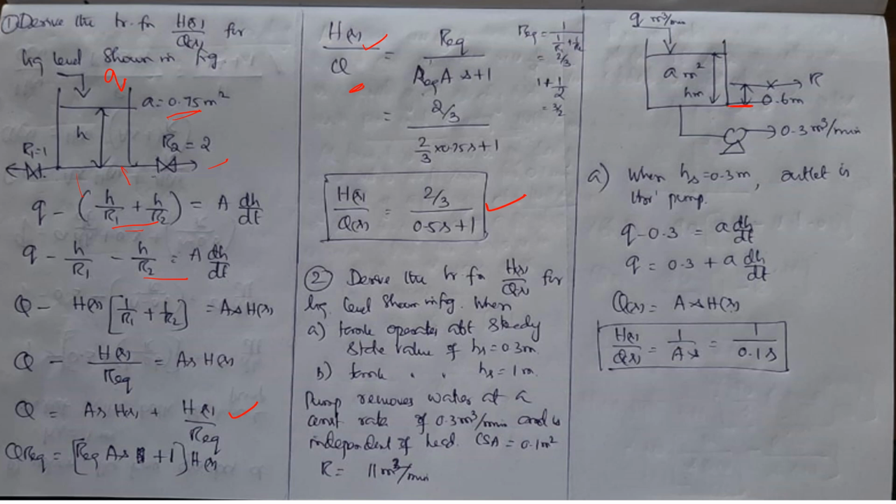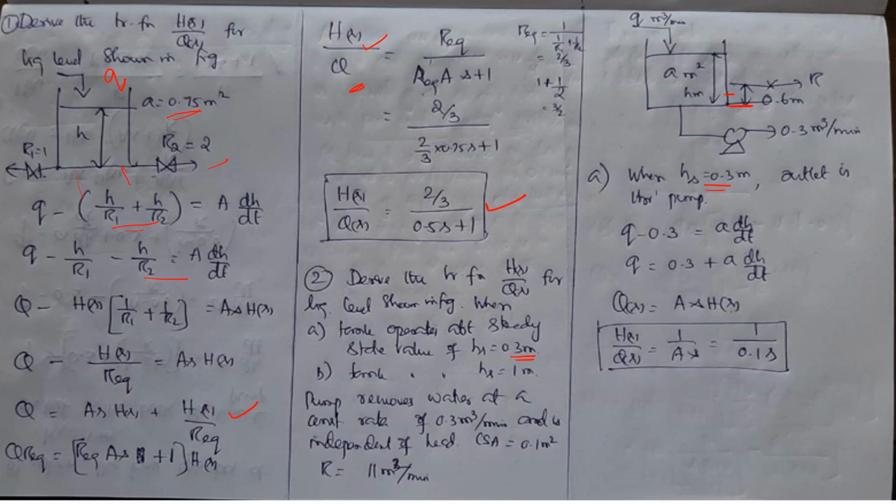So you have to calculate this also. We'll see how it affects the system. In the first condition, the tank operates at a steady state value at H equal to 0.3. So for this case, when H is equal to 0.3, the outlet is, see in this, the height is 0.3.